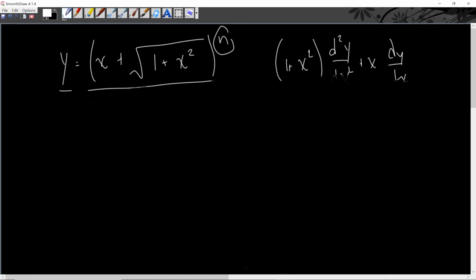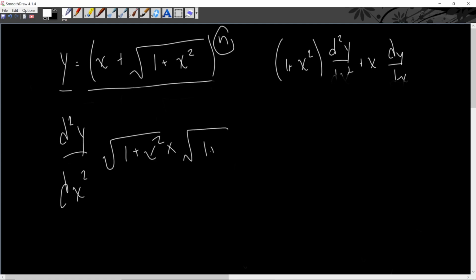So we have, again, let's rewrite this. I'm sorry. Maybe I'm just getting a bit tired. We have d squared y over dx squared times 1 plus x squared. We're going to multiply that term by square root of 1 plus x squared, plus x over square root of 1 plus x squared.